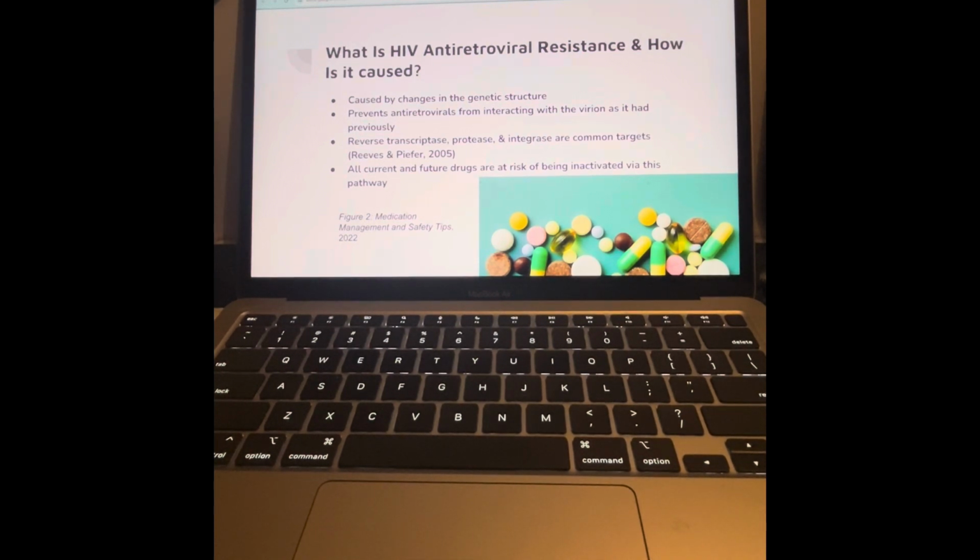As a result of these mutations, the altered viral enzymes may no longer bind effectively to the medication designed to inhibit their replication. In essence, HIV resistance provides an escape path for viral particles to continue replicating even in the presence of antiretroviral drugs, presenting a significant challenge for effective treatment management.